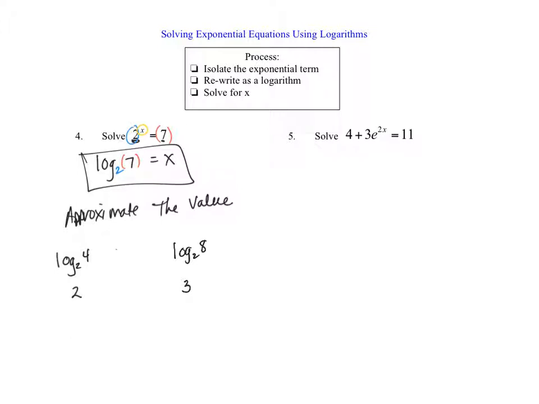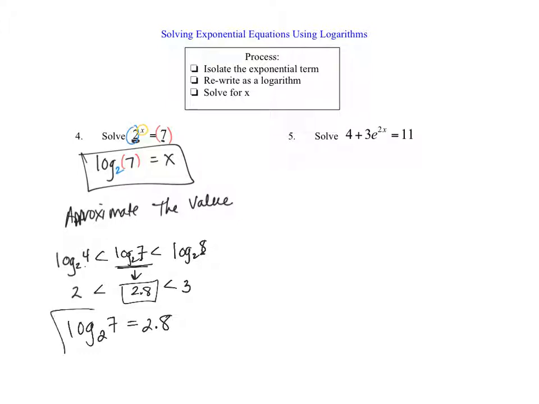And since log base 2 of 7 is in between those, that value is somewhere between 2 and 3, probably closer to 3 because 7 is so much closer to 8 than to 4. So you could say it's pretty close to 3, like 2.8. Okay, so that would be an approximate value there. But there's the exact form of the solution.